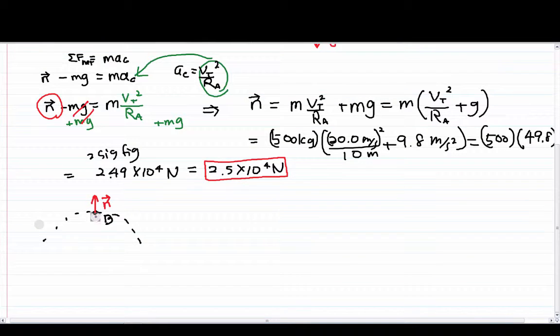And then we have the force of gravity acting downward. And don't forget our center is here, unlike A. And then we do know centripetal force will be this way, toward the center. Again, this is a one-dimensional problem. Only the y direction is relevant to our problem.